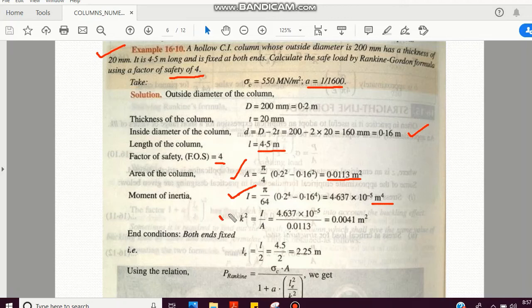Now the radius of gyration square, k square, so that is I by A, moment of inertia by cross sectional area, so that becomes 0.0041 meter square. Okay, and since both ends are fixed, the equivalent length is actual length by 2, so that is 2.25 meter. Okay.